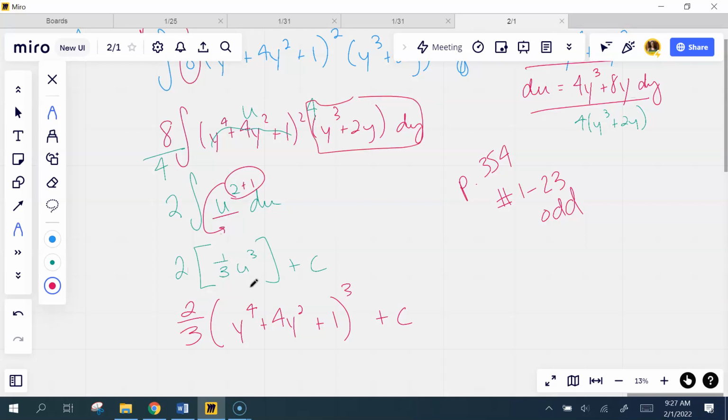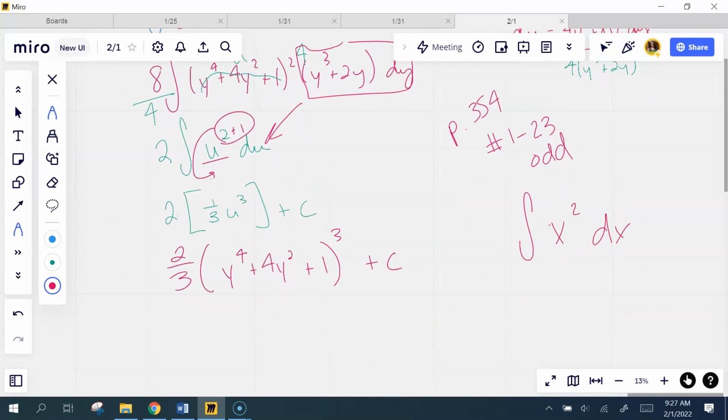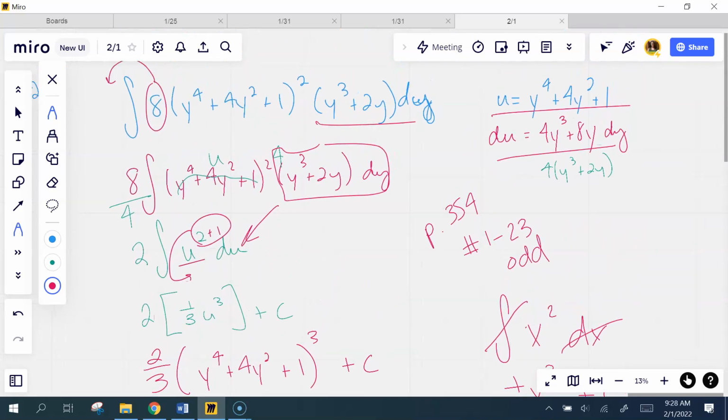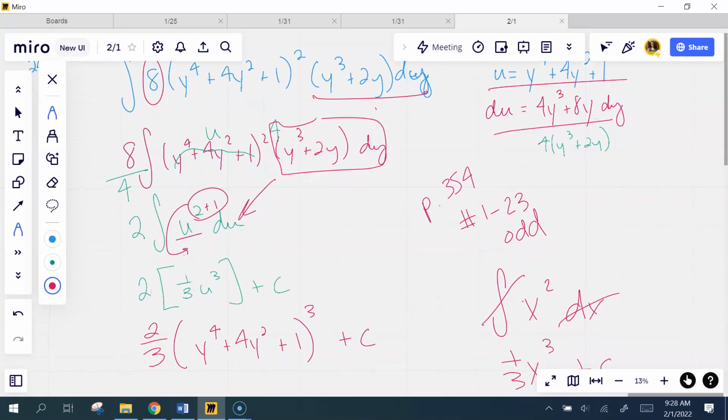All of this makes up the du, right? So if I asked you to find the integral of x squared dx, when you find the antiderivative, you just do 1/3 x to the 3rd, right? You don't pay any attention to the dx anymore because it goes with the integral. So once you figure out the du and you force the du, it never comes back into play. Well, how did this have any play to begin with then? Because I had to make sure that all of du was included in there. And it wasn't. I was missing that 4. So you needed the 4 so that you could make the coefficient in front, right? That's right.